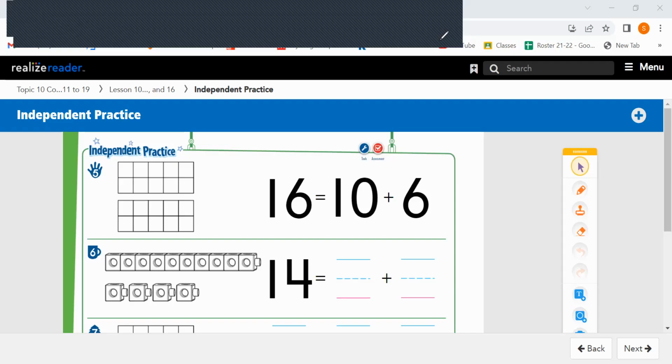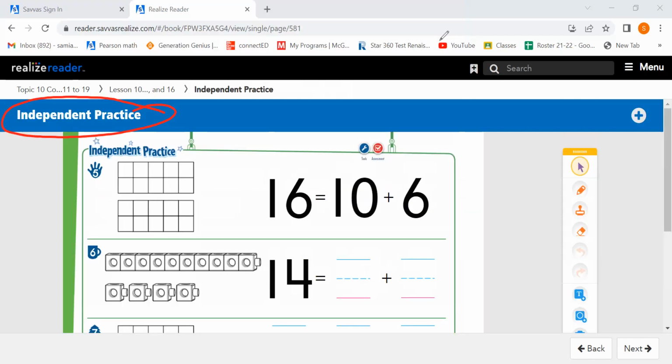We're on our independent practice, and that's what you are going to do independently. Let's look at number 5, and we'll do number 5 together. You're going to draw counters to match the equation. So if we look at our equation, it says 16 is equal to 10 plus 6. So what is the first thing we're going to do? We're looking at our 10.